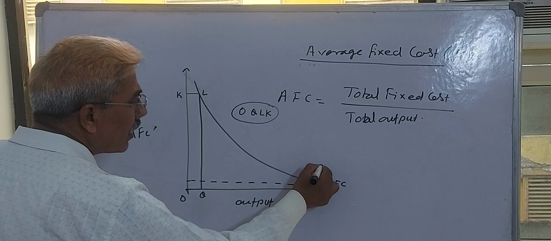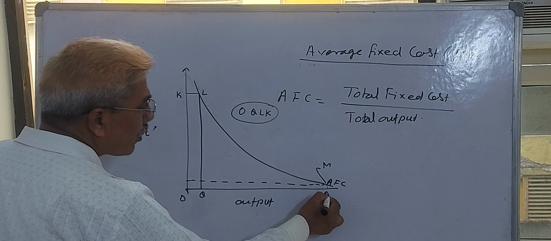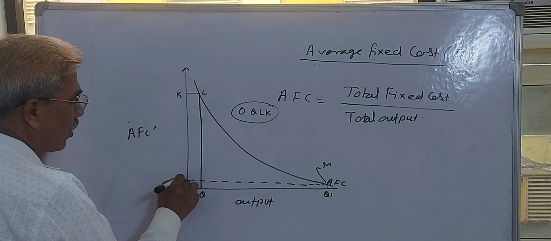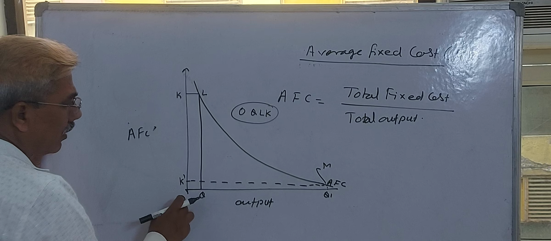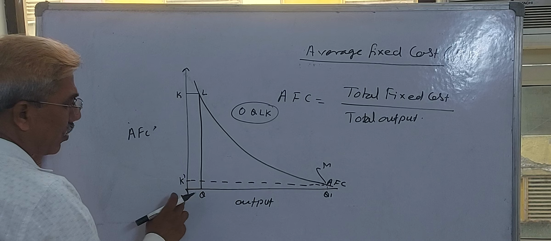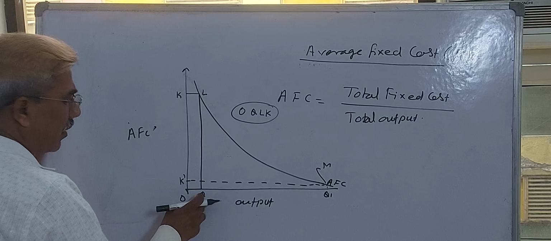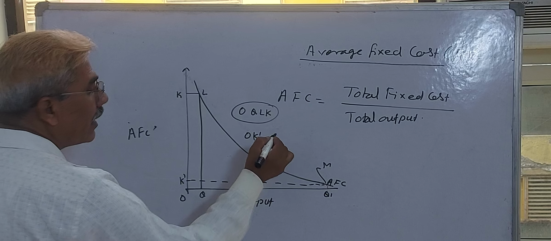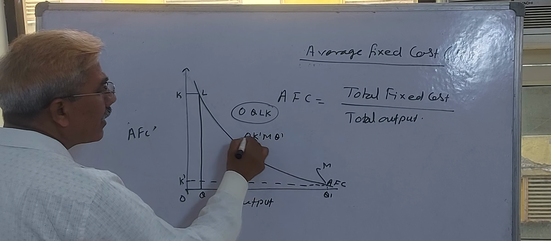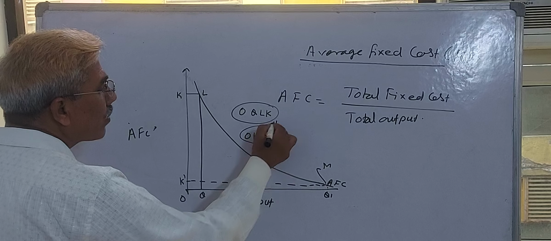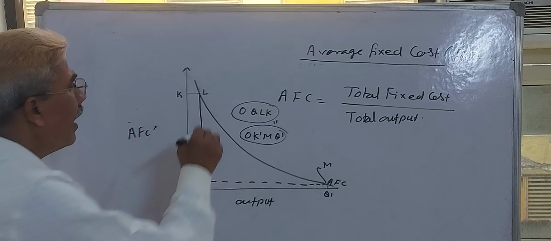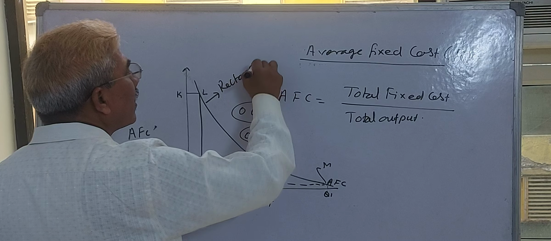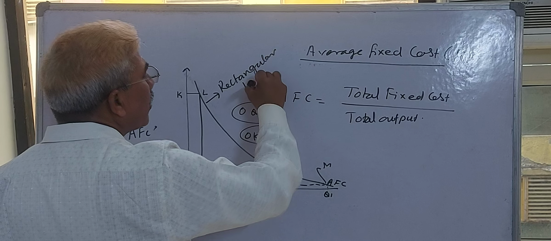Suppose at this point M, output is Q dash and average fixed cost is K dash. Now the total fixed cost remains the same. The area OK dash M Q dash is always equal to this one. What does it mean? And this average fixed cost curve is always a rectangular hyperbola.